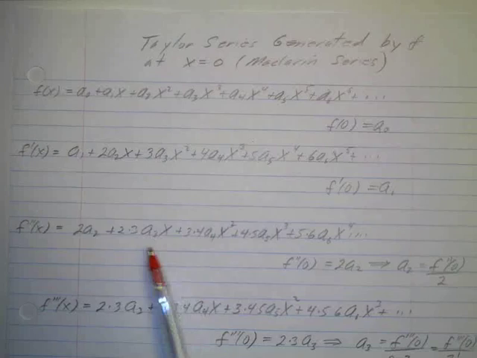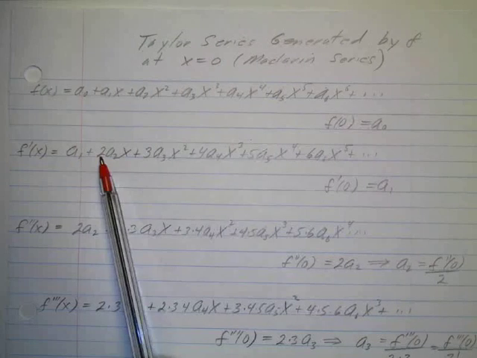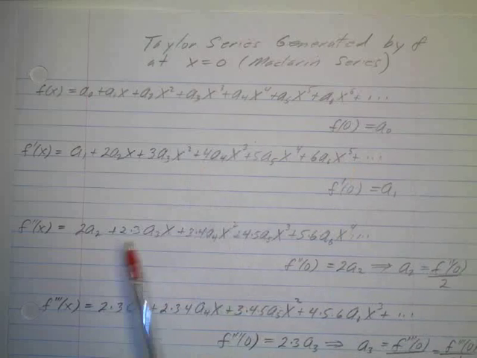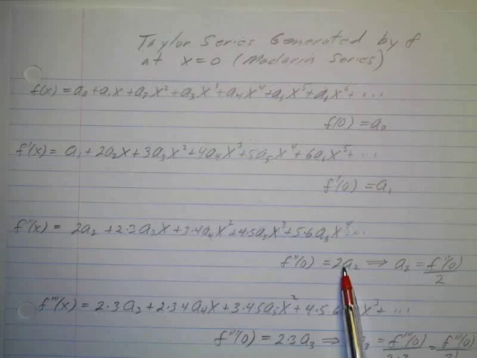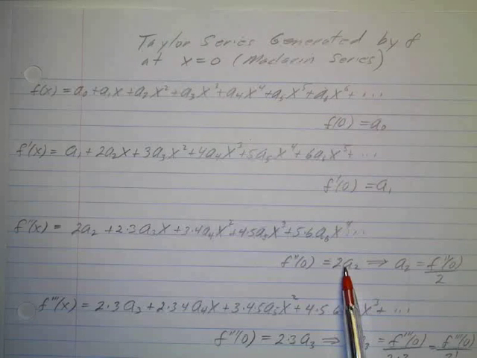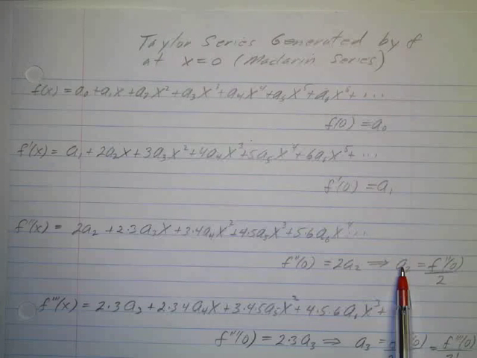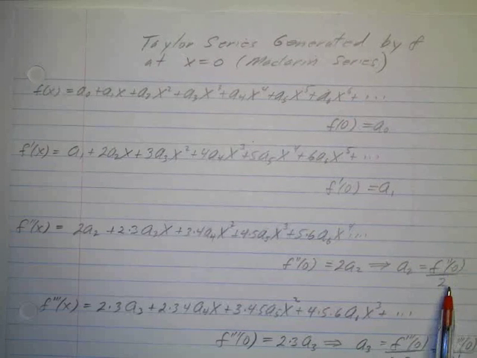Then we take the second derivative, and the derivative of that constant is 0, and then we've got 2a sub 2, and then 3a sub 3 x squared. And if we put 0 in, all these terms are going to go away, so we've got f double prime of 0 equals 2a sub 2. Now notice that if we solve for a sub 2, this implies that a sub 2 equals f double prime of 0 over 2.